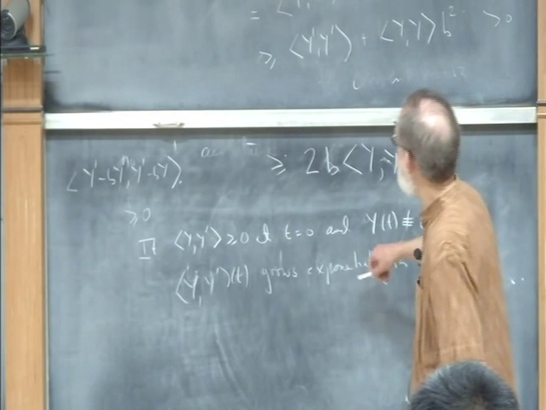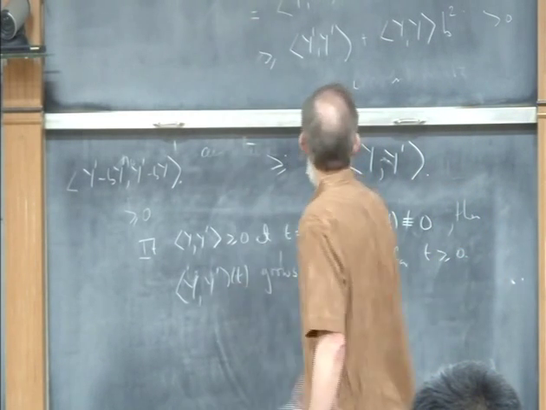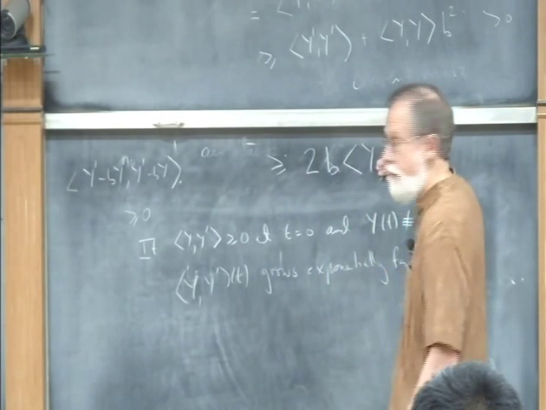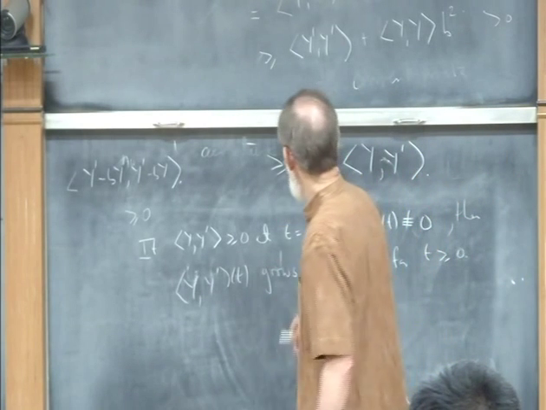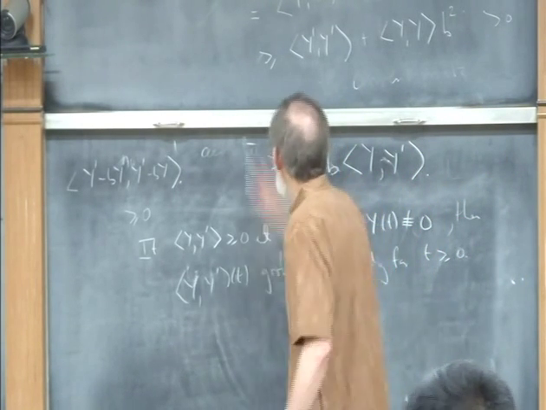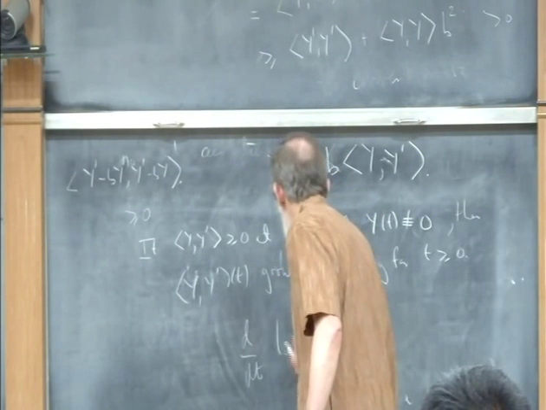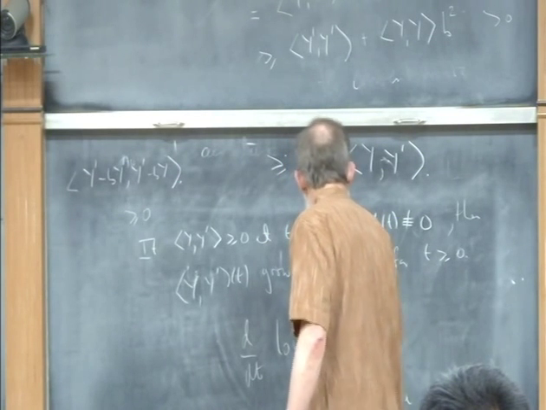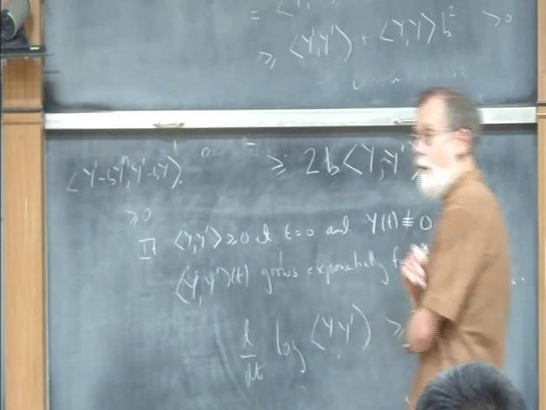But if I think, what I get is that the derivative divided by the thing is greater than or equal to something, and so you get that the derivative. If you work out what this is, we've got the derivative of log of y prime greater than or equal to b.